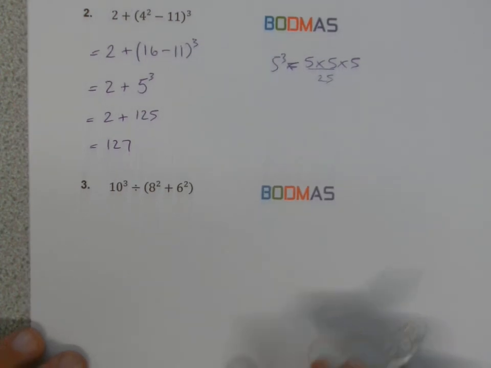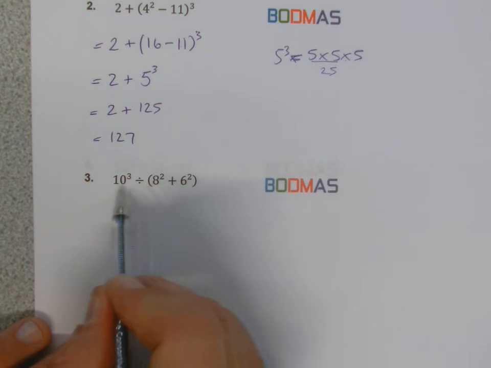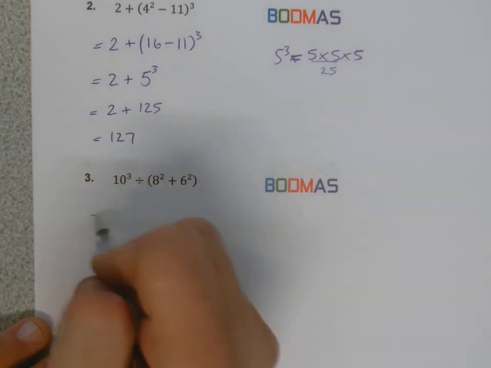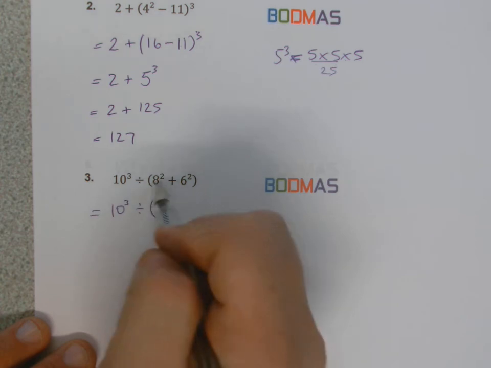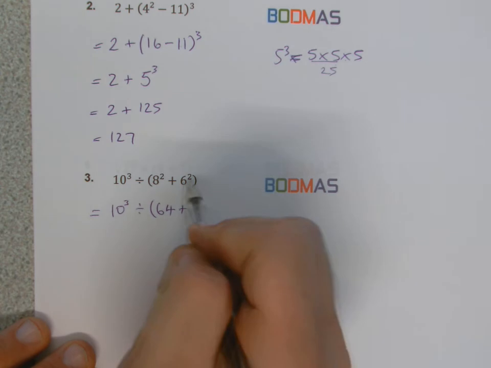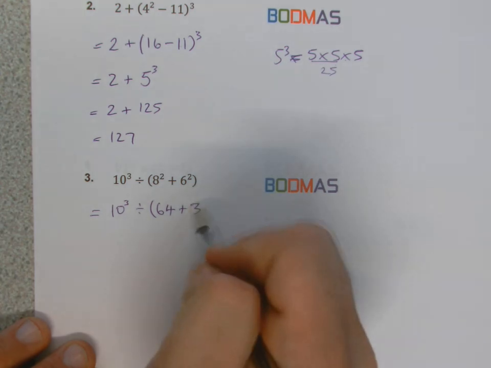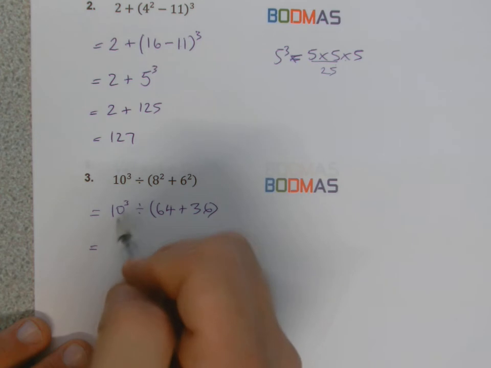Question 3, okay? I've got this here, work out this bracket, okay? So we'll have 10 cubed divide by, so in this bracket, let's work out each term. 8 squared is 8 times 8, so that's 64. 6 squared is 6 times 6, so that's 36. Okay. Then I'd have 10 cubed, which I could actually work out as well.